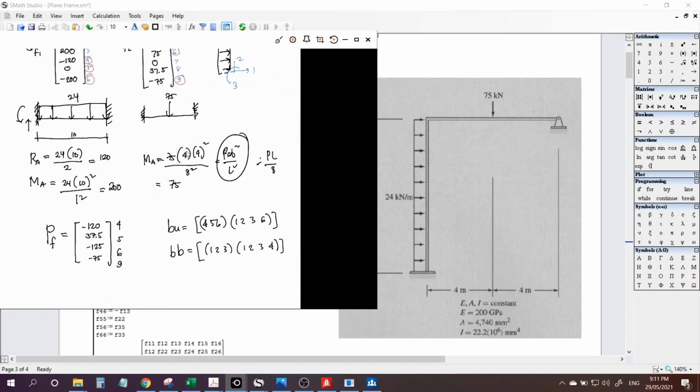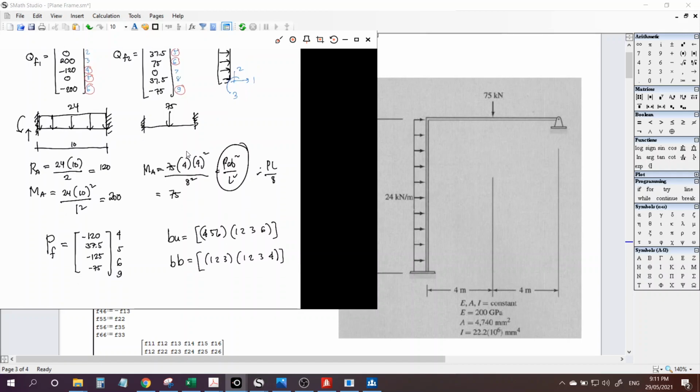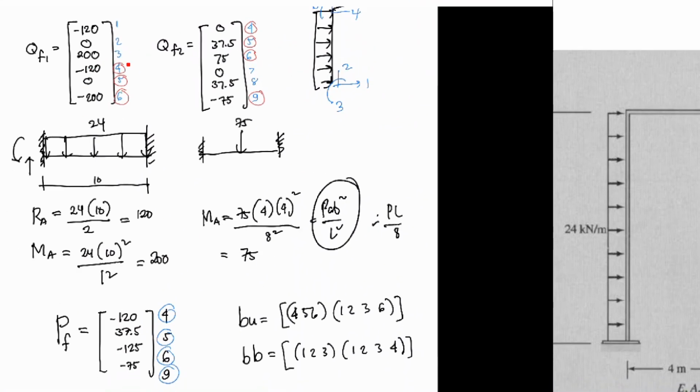Next, from those QF, we will generate P sub F, which is consistent with the codes in our S matrix, which is 4, 5, 6, 9. So we'll algebraically add all the fixed end forces corresponding to 4, 5, 6, and 9.